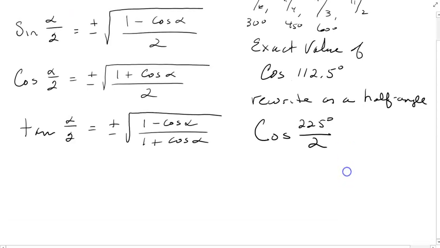Well, let's sketch it real quick. 225 degrees, and I did it in degrees to make it a little bit easier. Well, this is 180 degrees. It's going to fall a little bit past that. In fact, it's going to fall exactly 45 degrees past there, right? That's the reference angle, but the whole angle is 225. Oh, well, 225 itself has a 45-degree reference angle.